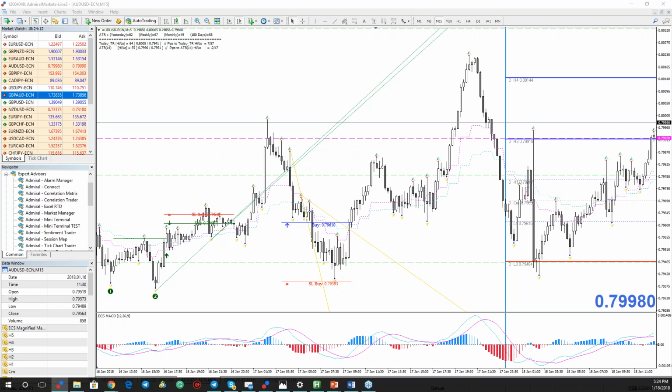So we are connecting these fractals like this. Then when there is an angle between one of these fractals and another fractal just slightly below it, this is another touch. Break of this trend line gives you a signal for a long trade. You can see it here.